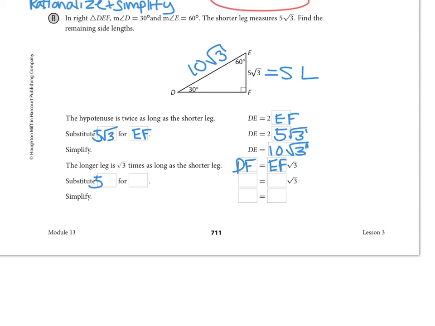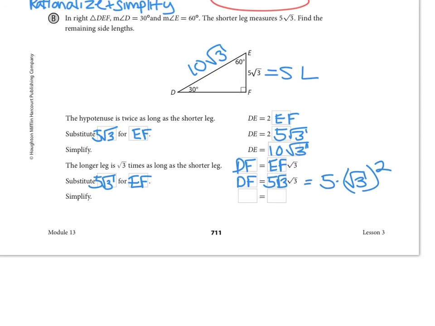We're going to substitute the length we know for EF, and DF comes out to be 5 radical 3 times radical 3. Now we know that that is 5 times radical 3 squared.